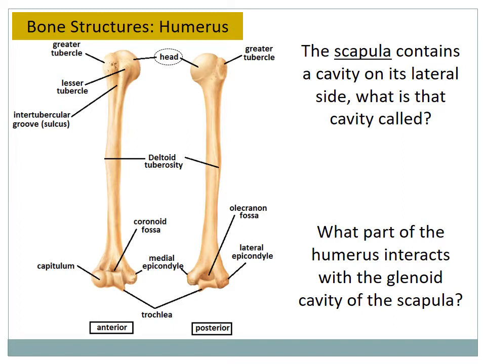So what part of the humerus is going to interact with the glenoid cavity of the scapula? Yeah, the head is. So the head of the humerus actually sits right in that glenoid cavity of the scapula. It fits real nice and works out really well actually for us at the shoulder joint.